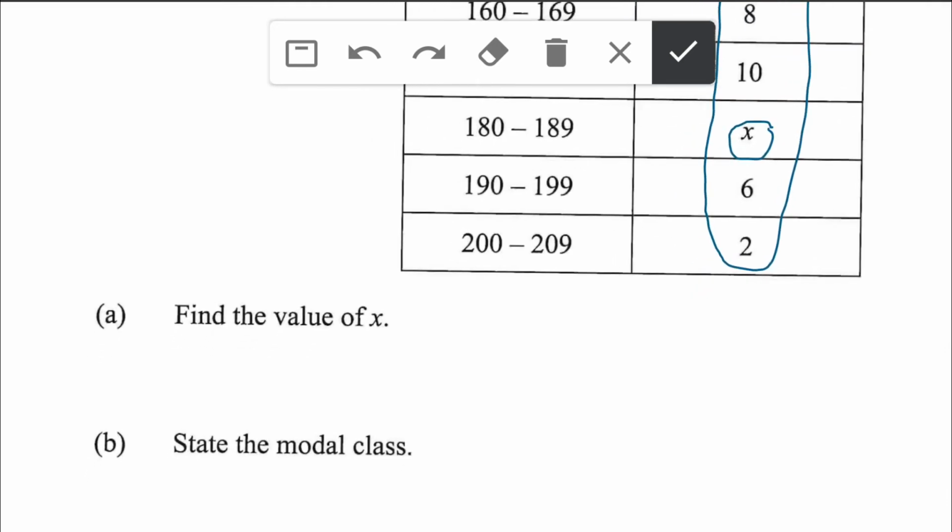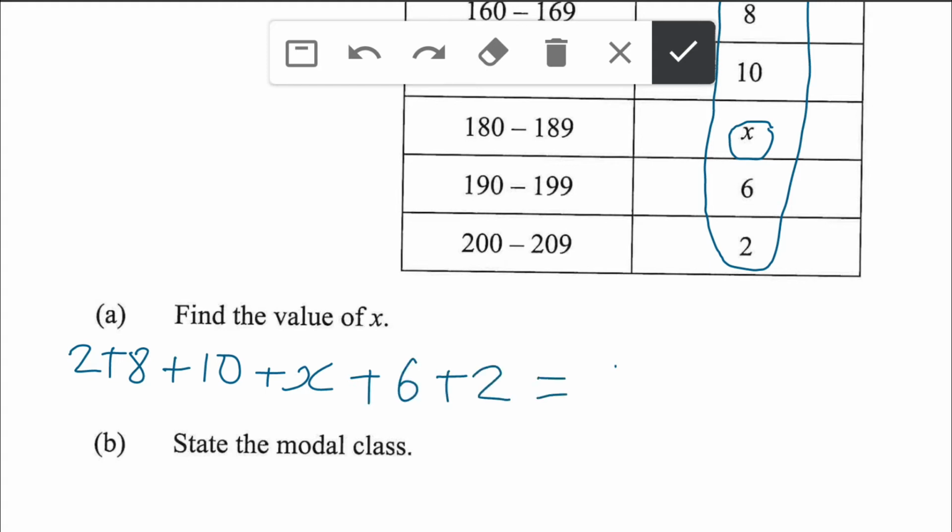So we can clearly say that 2 plus 8 plus 10 plus X plus 6 plus 2 equals 40. In this case, we can make X the subject, it is as simple as that.